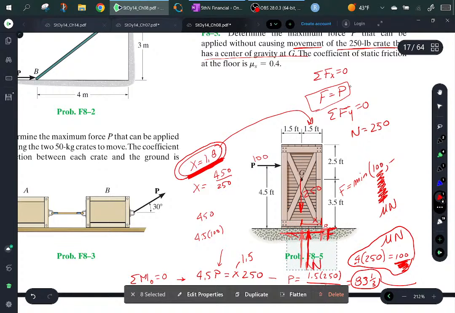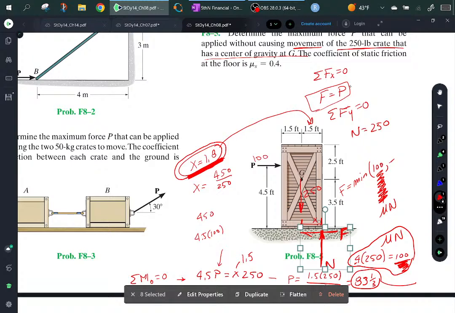So as I increase P, I increase it until I reach that point, which is just before it starts tipping. That means X is 1.5. And then I use the moment equation to find that it's 83 1/3 pounds.